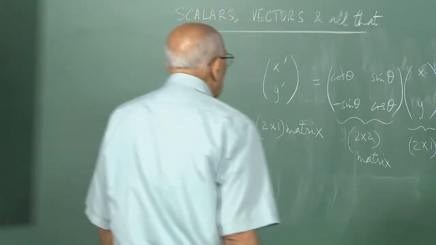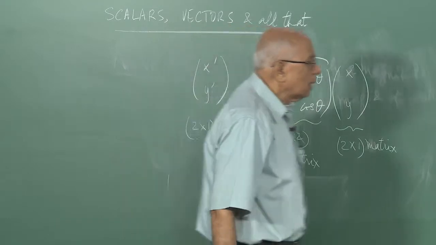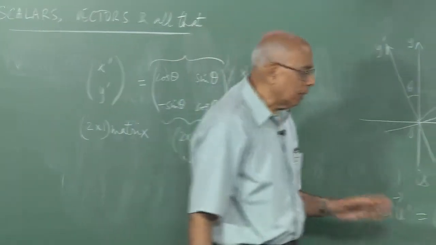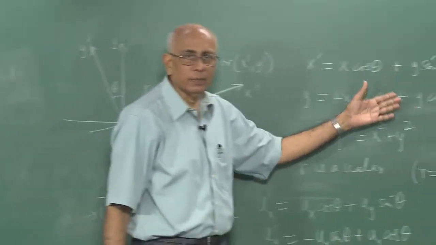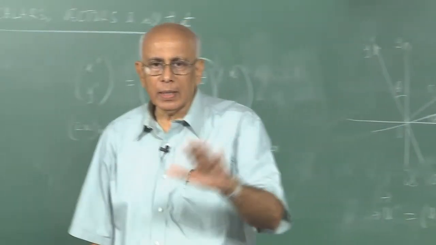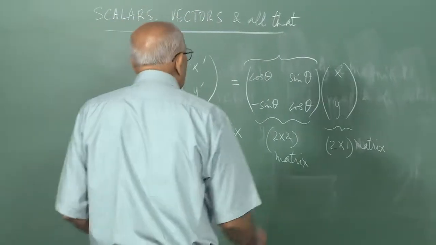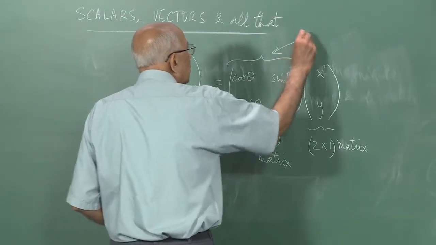Okay. Now what would you call this matrix? Well, it is a matrix which depends on the angle through which you rotate. Could have been any angle. I specify the angle, I give you a new coordinate system. So it is not unnatural to say that this thing here is called a rotation matrix.